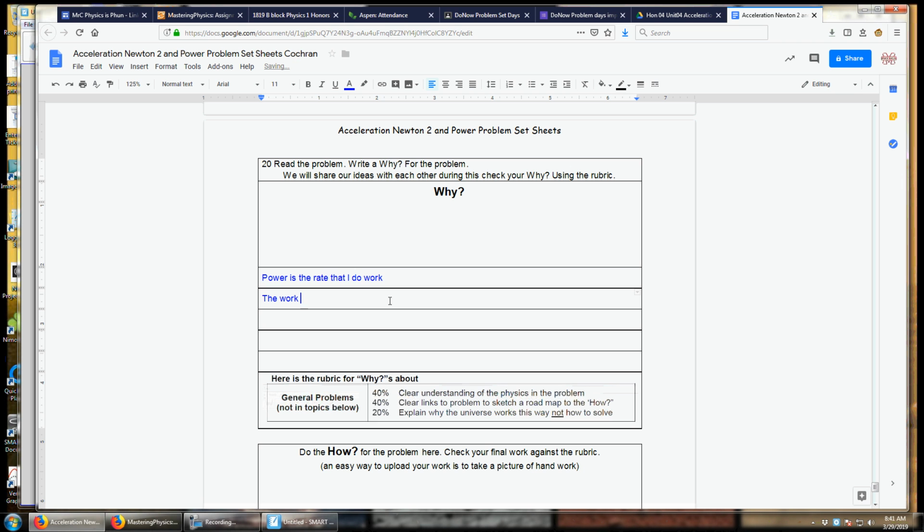The work done by the pilot goes into moving the aircraft, or energy.